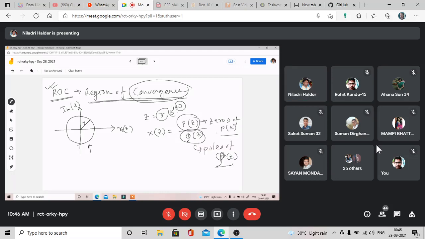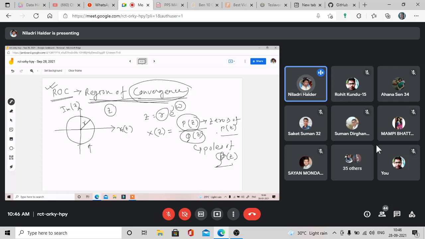ROC basically is defined as the region of convergence. Okay. Means at which position of the z plane, if we consider the value of z, that value of z will converge. That is basically the region of convergence, and that you can calculate by using the Z transform.